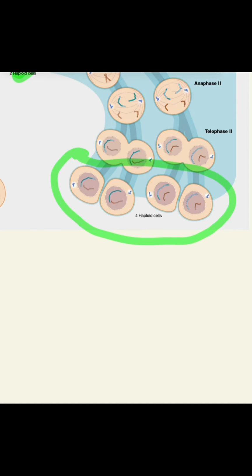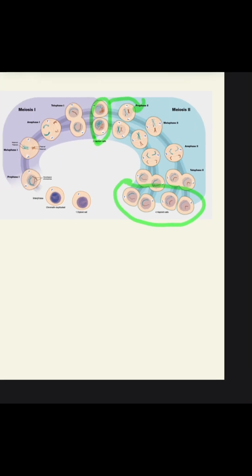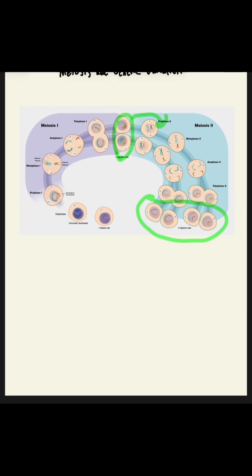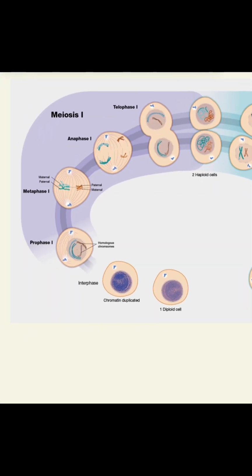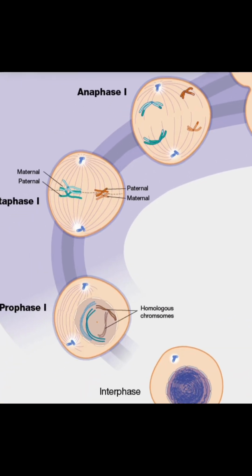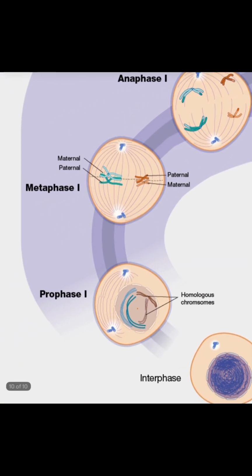Okay, and there is an important stage that contributes to the genetic diversity of an organism, and that's called crossing over. So during meiosis 1, homologous chromosomes pair up. So we can see here, this is the stage where it happens, during metaphase 1 of meiosis 1.